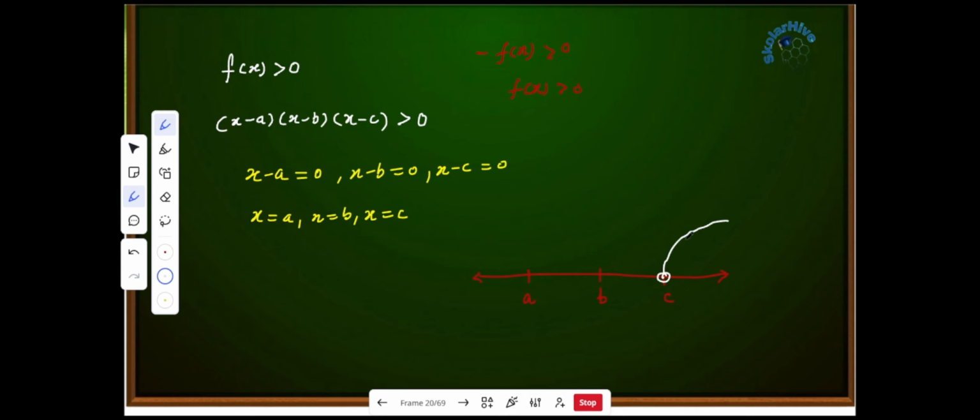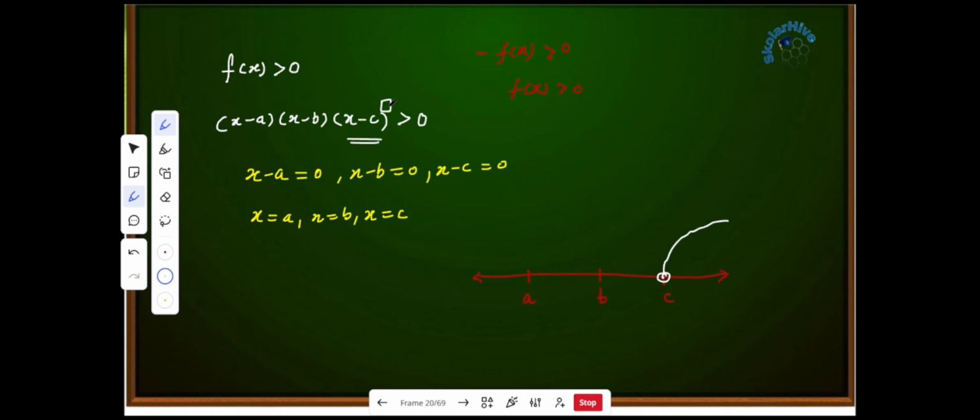Now as we reach this point c, we need to look at the factor for which this is the critical point. Here this is the factor. Now we have to decide whether the curve will go down or continue above the line to the point b, which will be decided by the exponent of this linear factor x minus c.